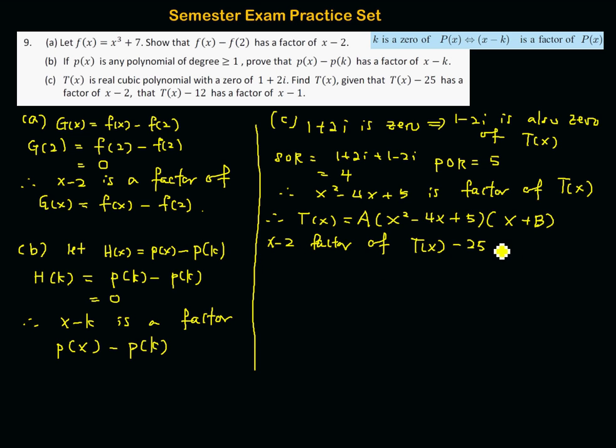That means, according to part B, we know that t(2) is 25, because k is 2.